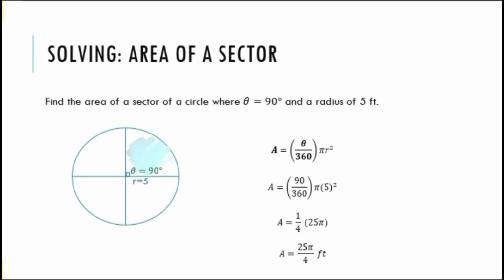So that will be 90 over 360 times pi times 5 squared. So 90 over 360 here, as you can see from this circle, can actually be simplified to 1 over 4, right? So the area equals 1 over 4 times 25 pi. Take note, you don't actually need to multiply the pi. So the final answer will be 25 pi over 4 feet.